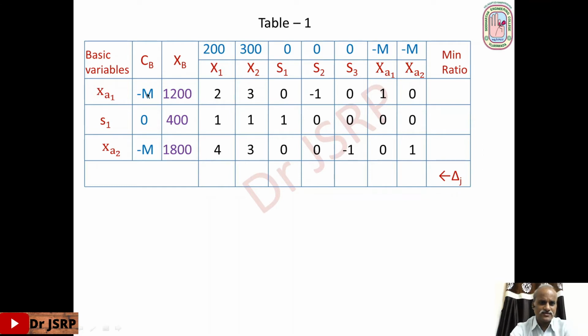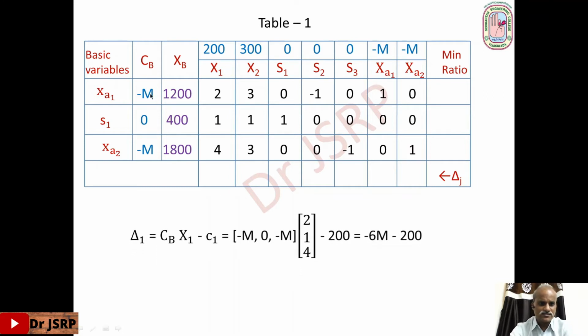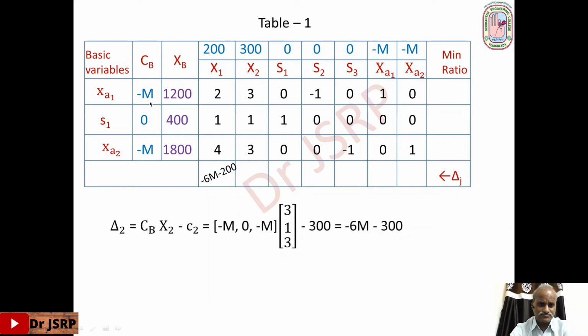So minus M into 2, plus 0 into 1, plus minus M into 4, that is minus 6M, minus 200. So delta 1 is minus 6M minus 200. Similarly, delta 2 is minus 3M plus 0 into 1 minus 3M, that is minus 6M minus 300.